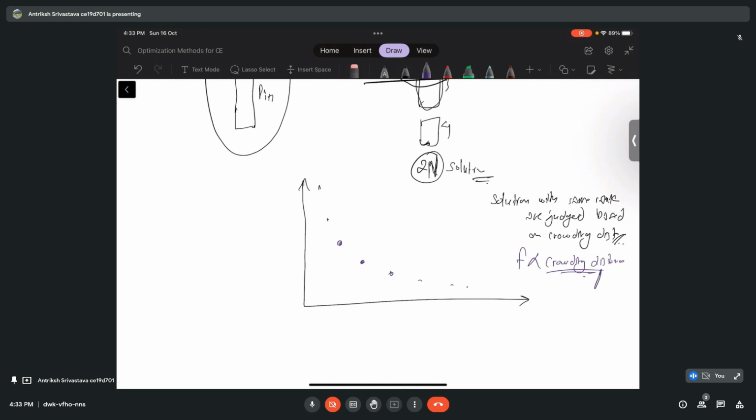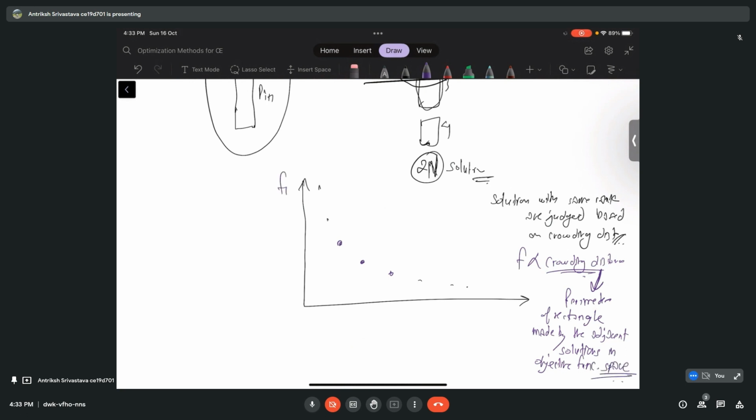How is the crowding distance calculated? It is the perimeter of the rectangle made by the adjacent solutions in the objective function space.